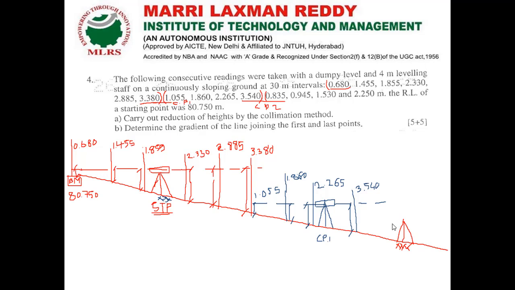So after doing all the initial adjustments, that is setting up, leveling up and elimination of parallax, we have to see the staff reading wherever we had taken at last. In that place the ground to line of collimation height is 0.835.